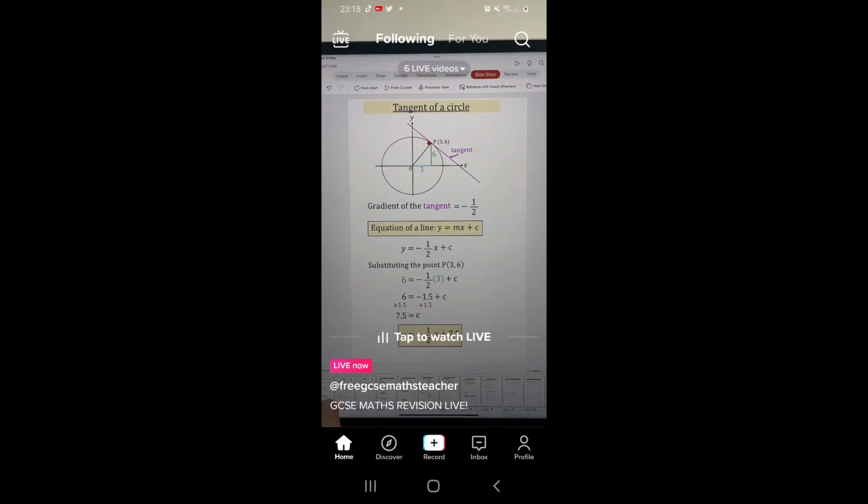So our next one is over here, and this one's quite tricky again. It's worth 5 marks, and it's called quadratic inequalities.